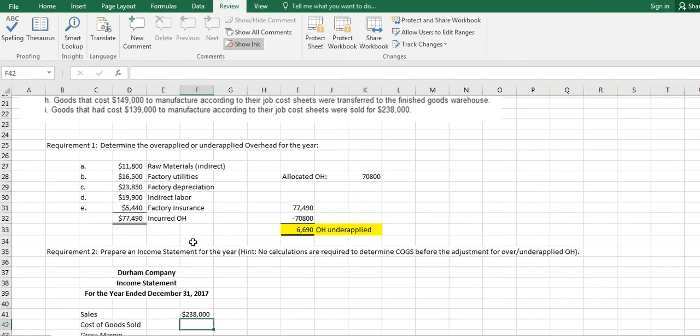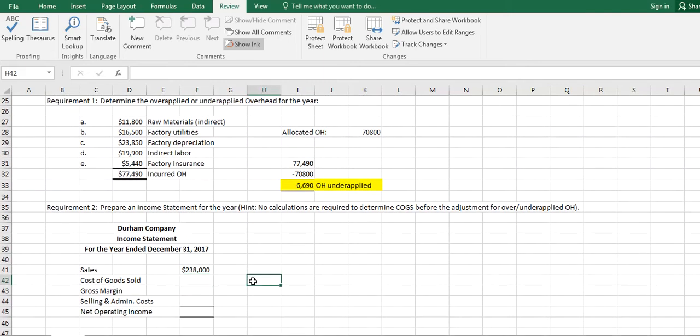So let's come down here. That is $139,000 plus $6,690 that was under applied. So this is the formula for our cost of goods sold. If you do the math on that, it's $145,690.